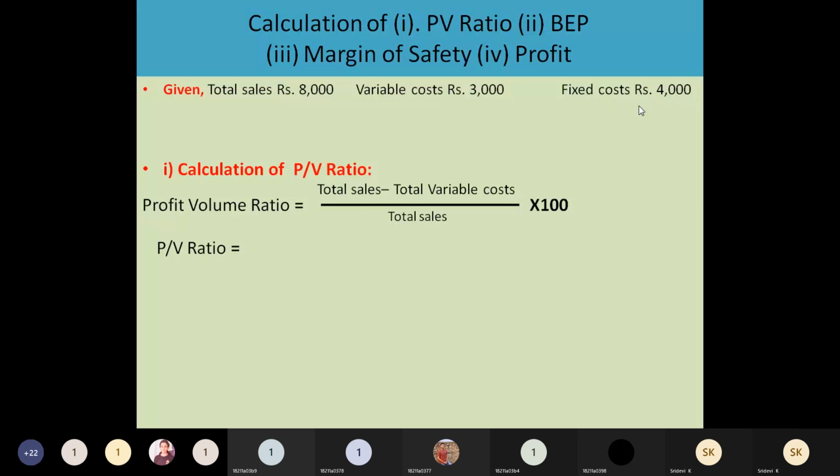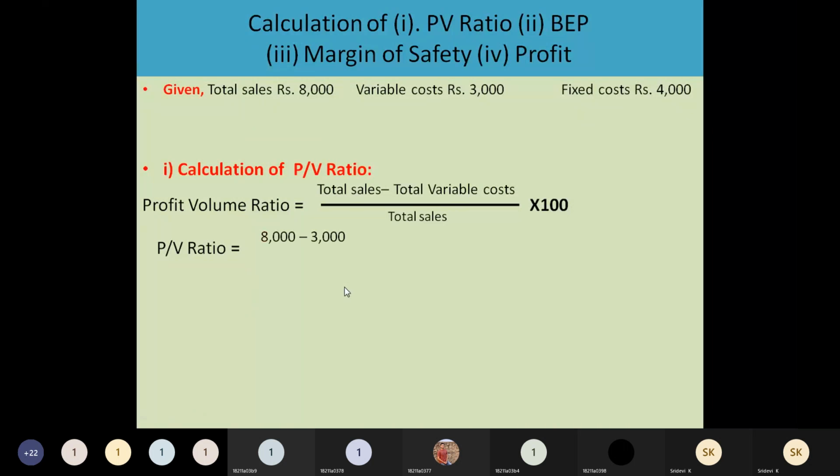So total contribution by total sales will give you PV ratio. So I have substituted total sales minus total variable cost instead of total contribution in the numerator. Okay. Denominator. When numerators are total, you have to take the denominator also as totals. So into 100 is a must to calculate the PV ratio.